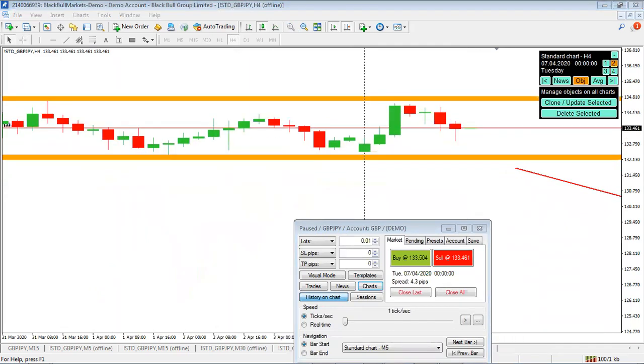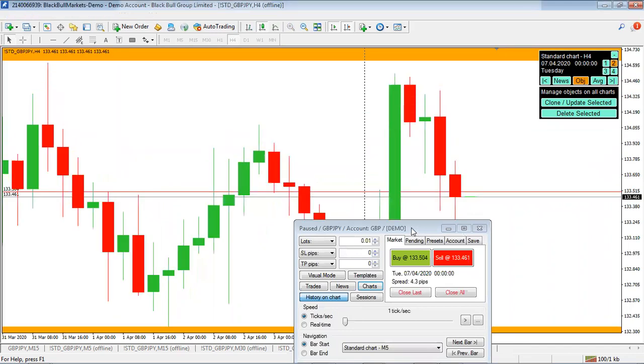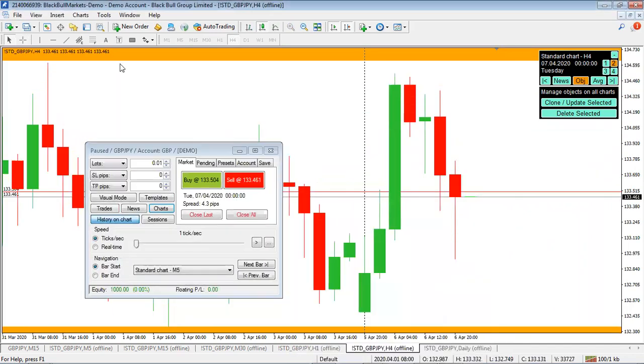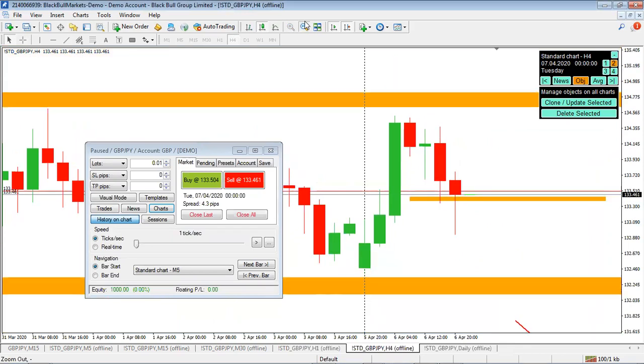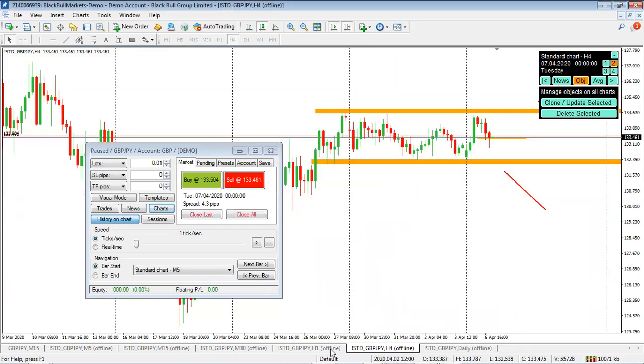You can look at this and try to see what you can find going down, but it's fine. We'll see that. Let's jump into the lower time frame.